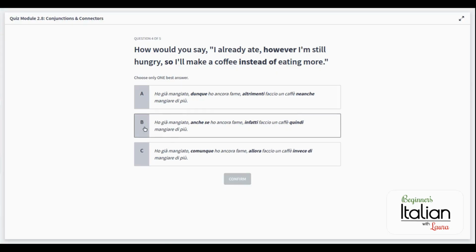B. Ho già mangiato, anche se ho ancora fame, infatti faccio un caffè, quindi mangiare di più. Or C. Ho già mangiato, comunque ho ancora fame, allora faccio un caffè invece di mangiare di più.